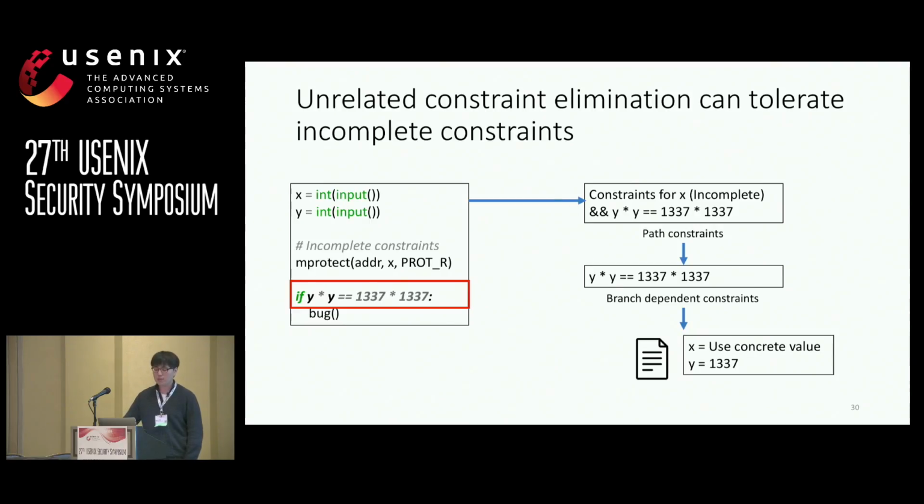If we hit the last branch, then the path constraint will be the constraint for x and the constraint for y. In that case, the constraint for x is incomplete, but if we extract only the branch-dependent constraint, then the constraint will be only related to y. We solve this constraint using the constraint solver, and we use x as a concrete value. By doing so, we can tolerate incomplete constraints.